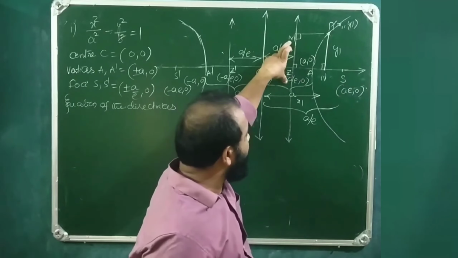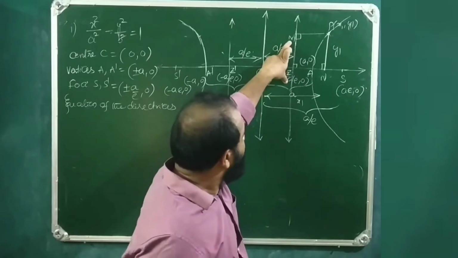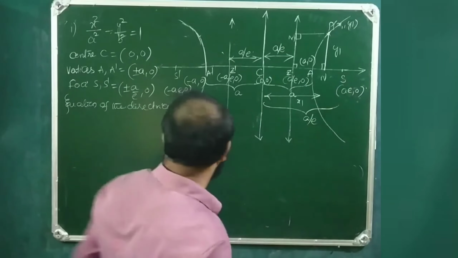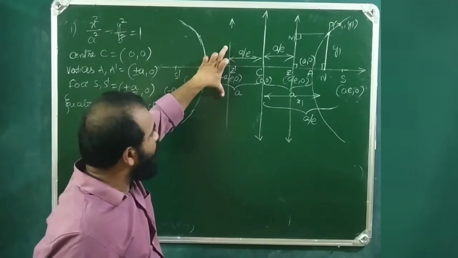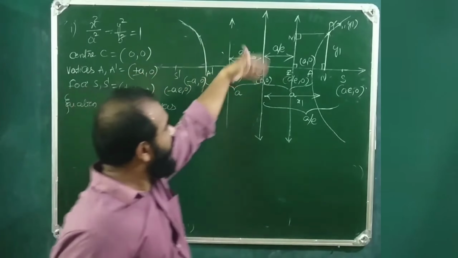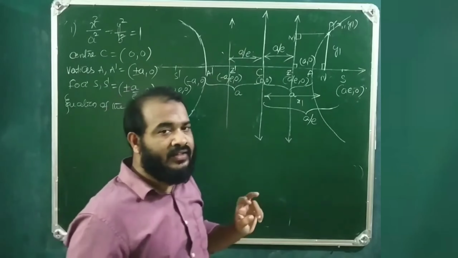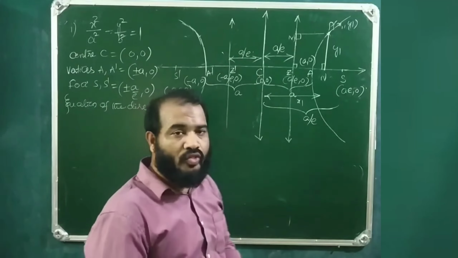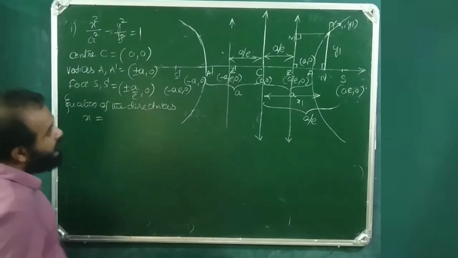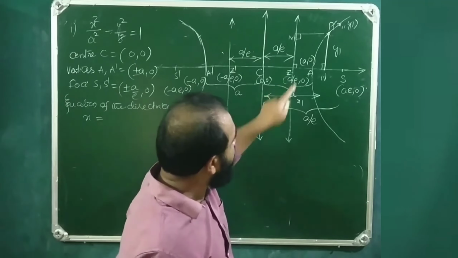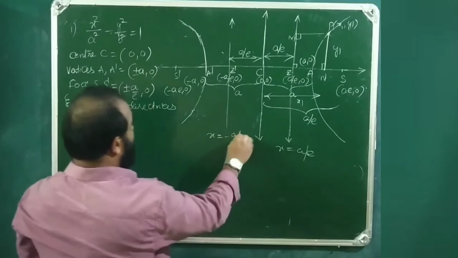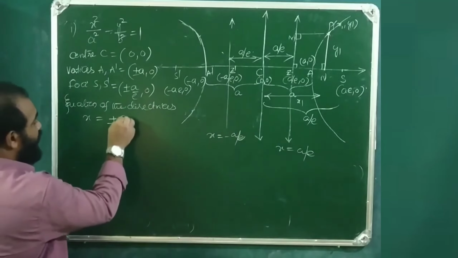So this line is the directrix of this focus, and this line is the directrix of this focus. These two lines are parallel to the y-axis. Any line which is parallel to the y-axis is of the form x equals k. So this line is x equals a by e, and here x equals minus a by e. So x equals plus or minus a by e.